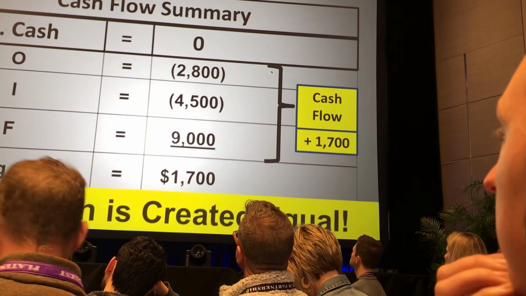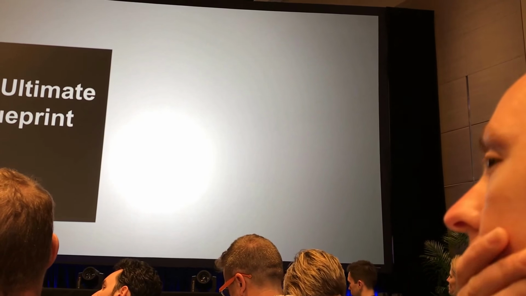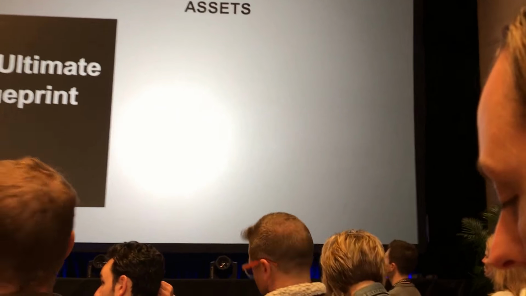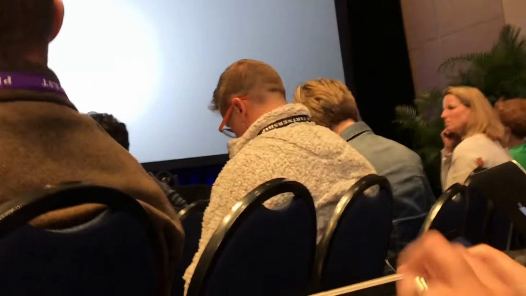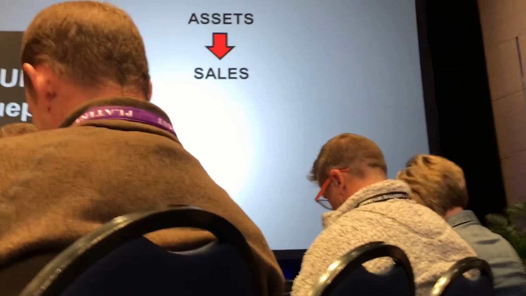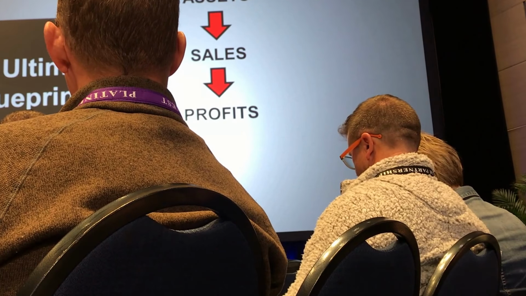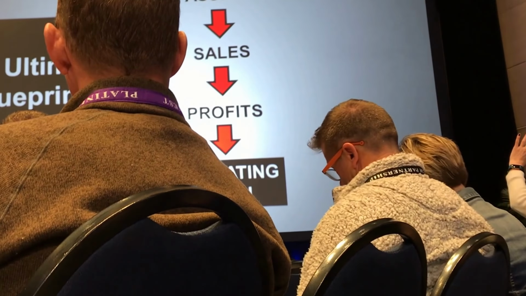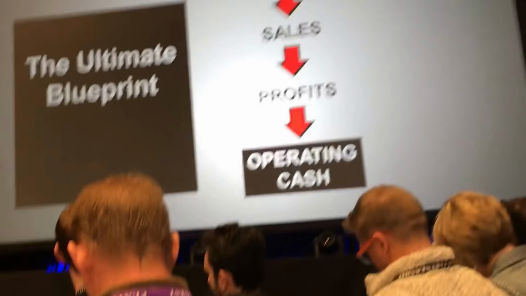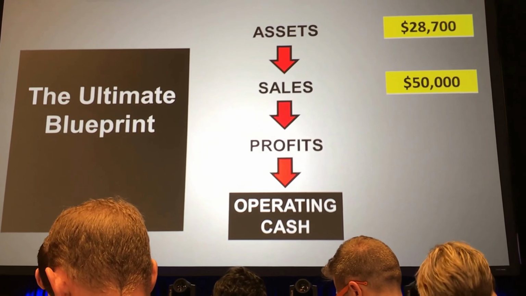So let's go back to the Rosetta Stone. The ultimate blueprint of a business is that I want to take assets and convert those assets into revenues. That's the only reason they have assets, is to convert them into revenues. The only reason I want revenues is so I can get some profits. The only reason I want some profits is so that I can get some operating cash flow. And in this business, I had $28,700 of assets that I used to produce $50,000 of revenue.